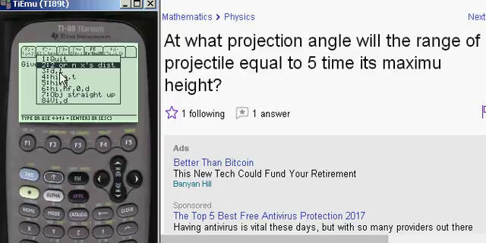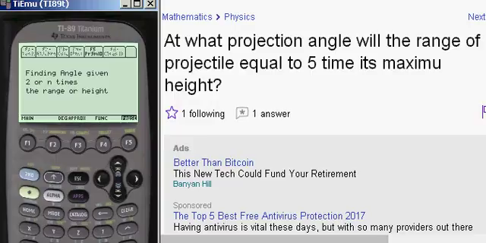They're asking for 2 or n times the distance or the height. I don't have enough room to put that on the screen of the Titanium, so that gives you an indication of what you should press. Finding the angle given 2 or n times the range or height.